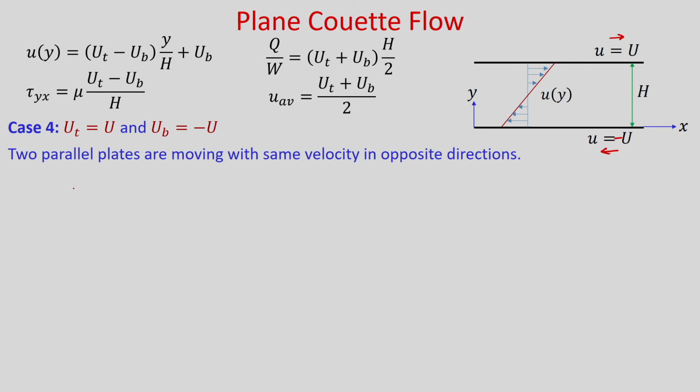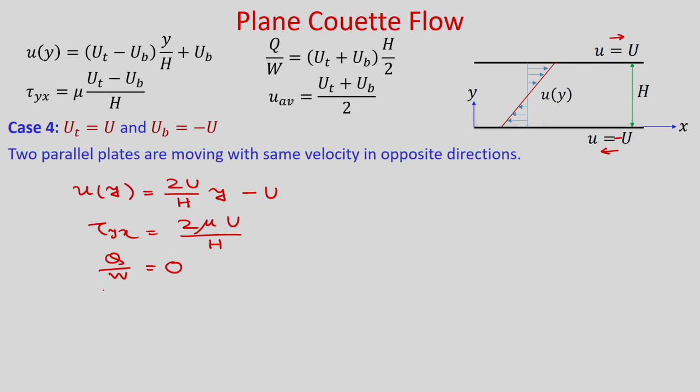Obviously, the velocity profile u(y) will be 2U/h y minus U, and tau_yx will be 2 mu U/h. In this case you can see Q/W will obviously become 0, since it is U minus U.